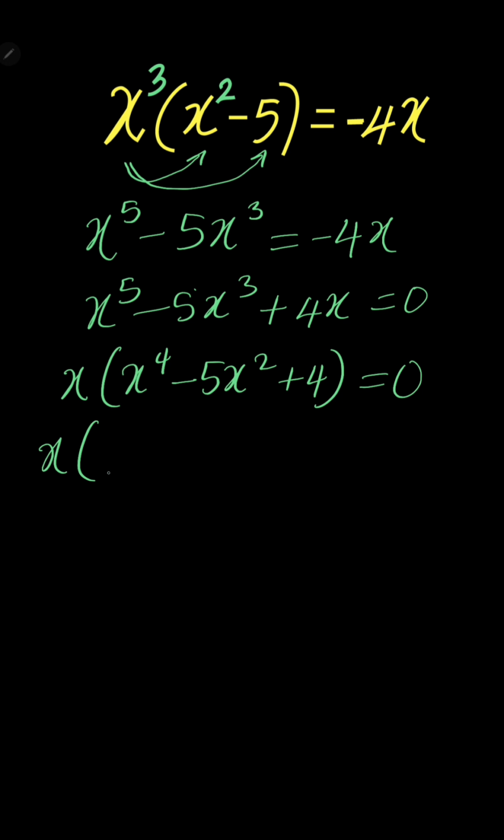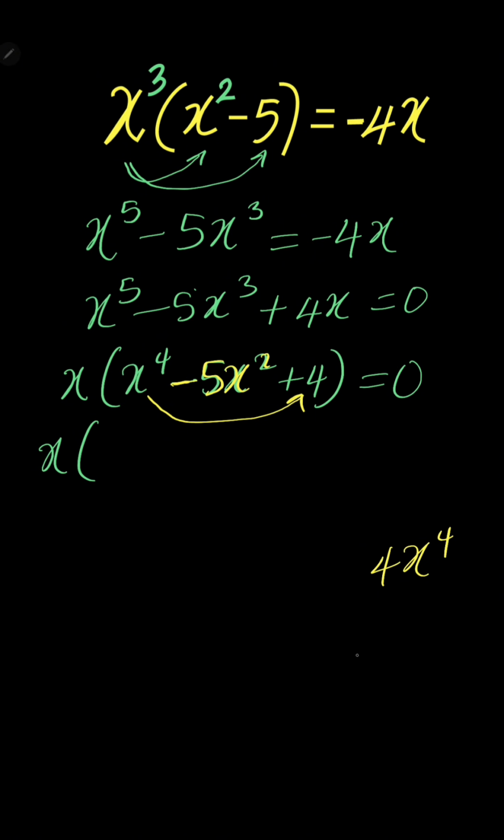In the bracket, we can still factorize it further by taking this two times this. It will give me 4x power 4. Then you think of two numbers which when multiplied give 4x power 4, and when added give minus 5x squared.